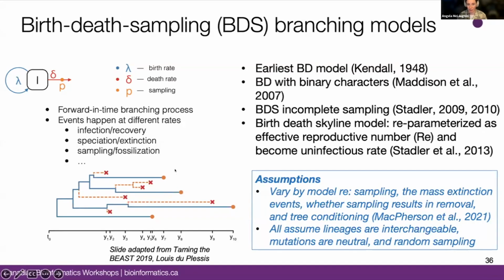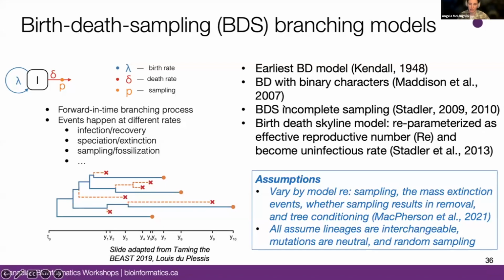And yeah, the birth death model has a long history. The first derivations were from Kendall in the 40s. And then some of the more landmark papers to note here are the incorporation of the evolution of a binary character through time. This was work by Wayne Maddison, who is a Canadian. And then some other important contributions were from Tanja Stadler.